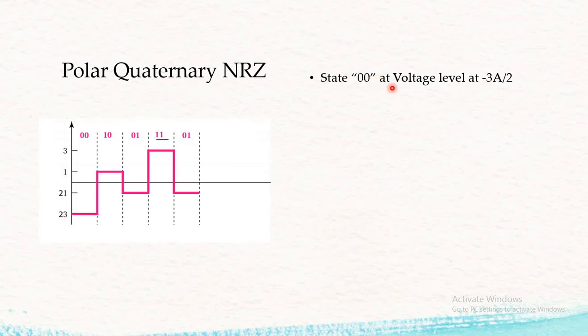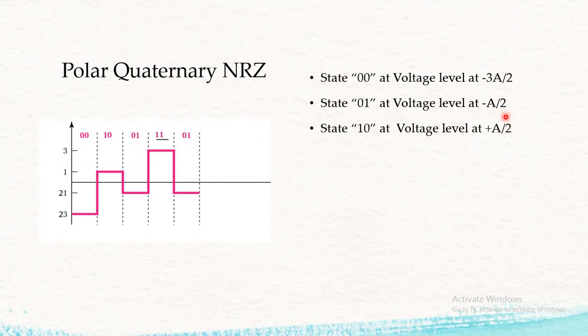State 00 is at a voltage level of -3a/2. State 01 is at a voltage level of -a/2. 10 is at a voltage level of +a/2, and 11 is at a voltage level of 3a/2. So here the complete voltage levels are split into 4 sections, 1, 2, 3, 4.